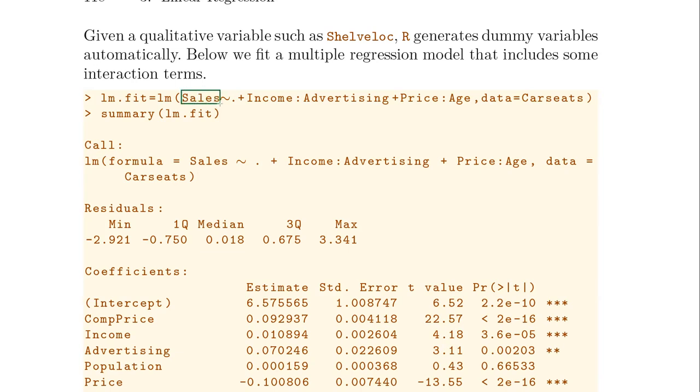You're taking your sales and you're regressing on all of the remaining variables, remaining in the sense other than sales, together with the following predictor variables: income as it interacts with advertising, and price as it interacts with age.